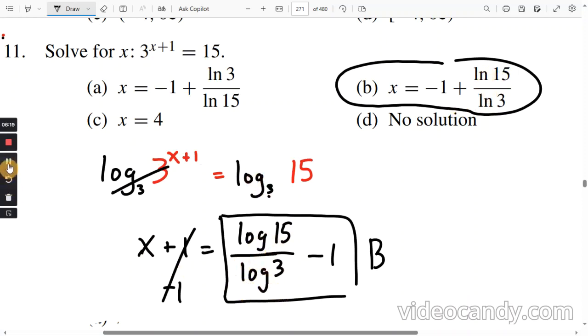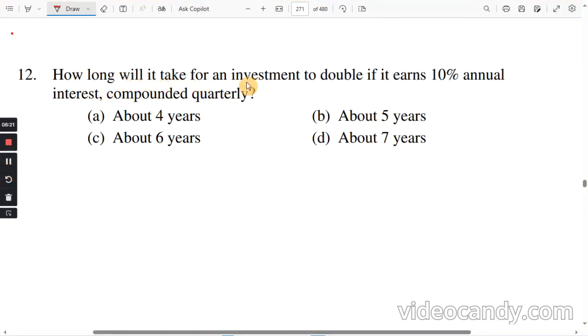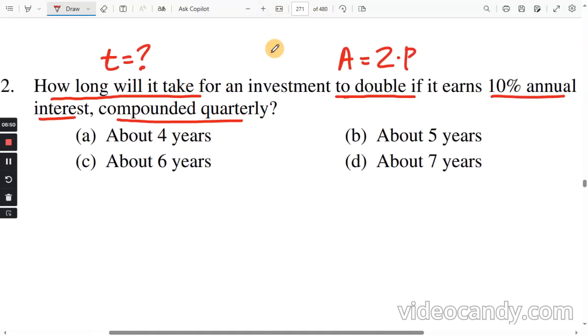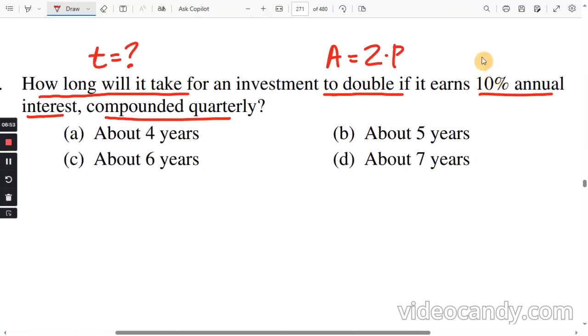Same thing. Number 12, how long will it take for an investment to double if it earns 10% annual interest, compounded quarterly? How long will it take is going to be a time. And if it has to double, that means if you invest P and you want it to double, the accumulated amount is going to be 2 times P. Remember P is the principal that you invest. 10% annual interest, the rate is going to be 0.10.